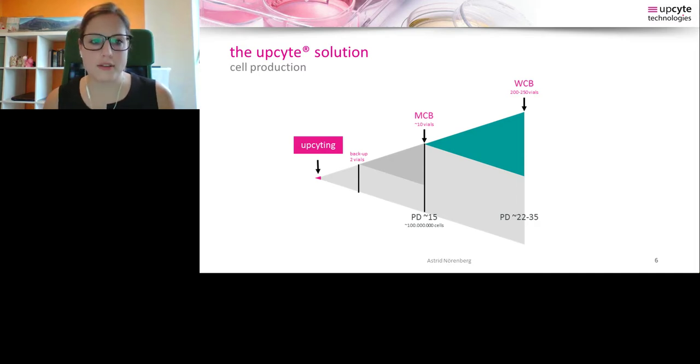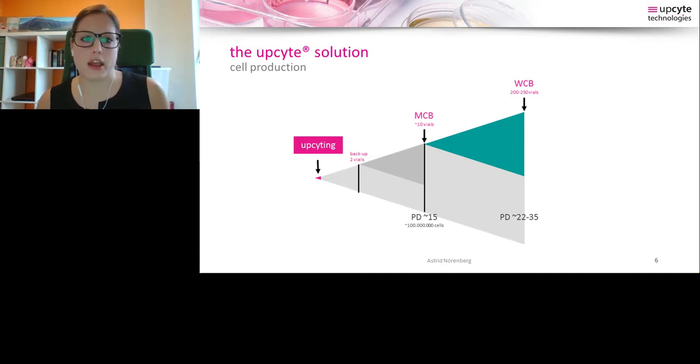We upcyte the cells, we expand them, we freeze a backup in between, and we try to expand them to a master cell bank. We're already checking initially for typical hepatic markers to prove that these cells are still hepatocytes. We freeze down the master cell bank, which is typically 10 vials consisting of around 10 million cells, with a population doubling of around 15.